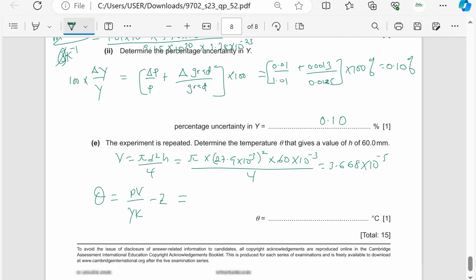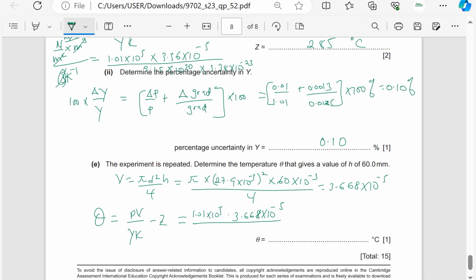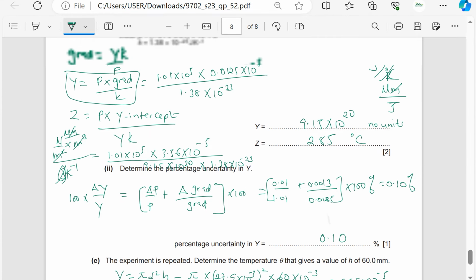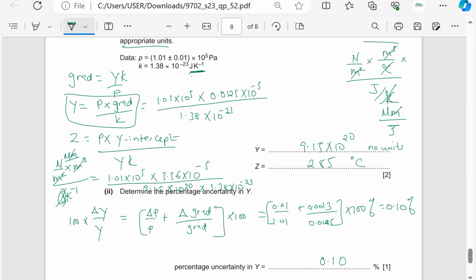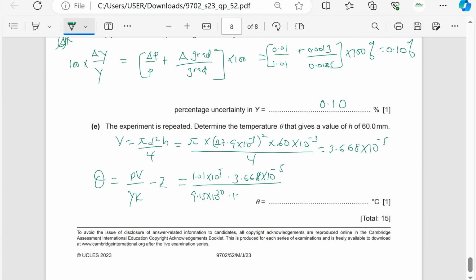P is 1.01 times 10 to the power of 5, then times V, which is 3.668 times 10 to the power of minus 5, divided by Y. The Y value is 9.15 times 10 to the power of 20, then times K, which is 1.38 times 10 to the power of minus 23.